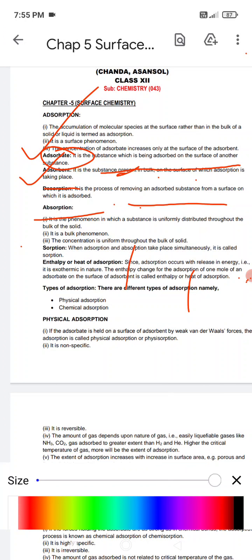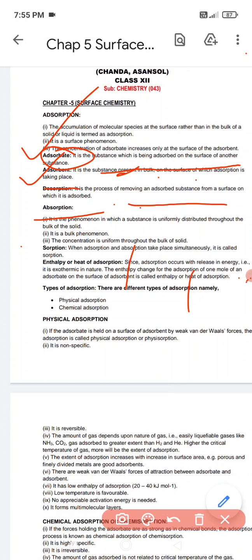Absorption is a phenomenon in which a substance is uniformly distributed throughout the bulk of the solid. So it is called a bulk phenomenon. Why is it called a bulk phenomenon? Because the whole process takes place throughout the substance. And the next point is that the concentration is uniform throughout the bulk of the solid.